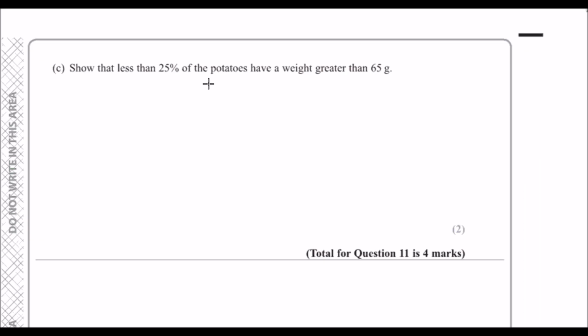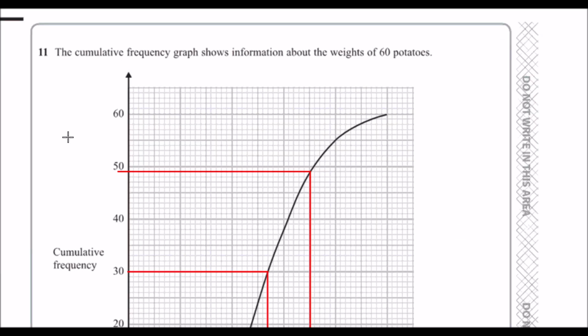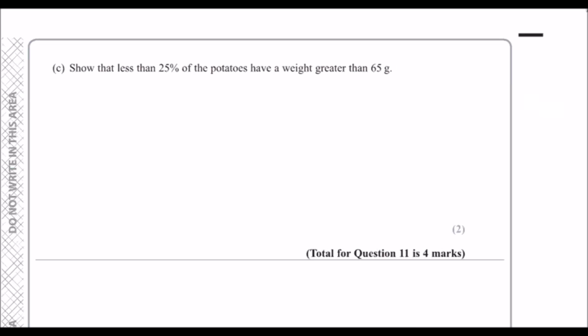So there's 49 below, so there's 11 above. 60 minus 49 is 11. So 11 potatoes have a weight greater than 65 grams.